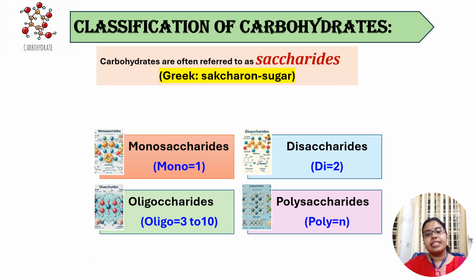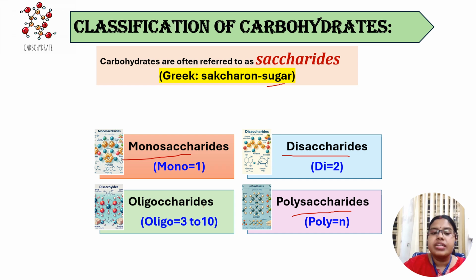We often call carbohydrates saccharides. The Greek word saccharon means sugar. So according to the number of saccharide units in the molecule, we can classify the carbohydrates into four categories: monosaccharides, disaccharides, oligosaccharides, and polysaccharides.